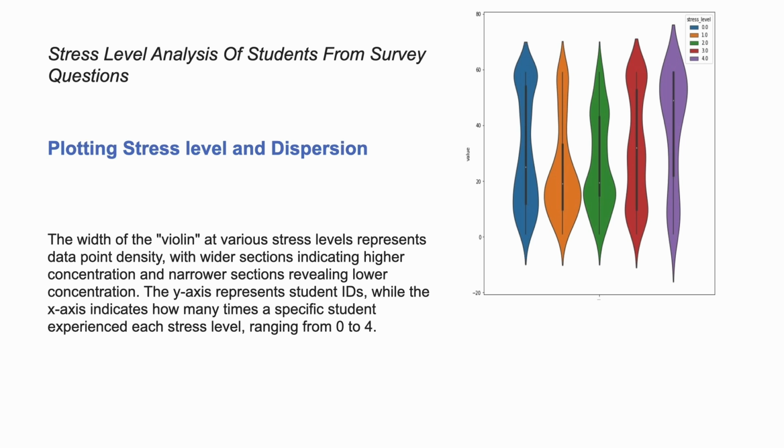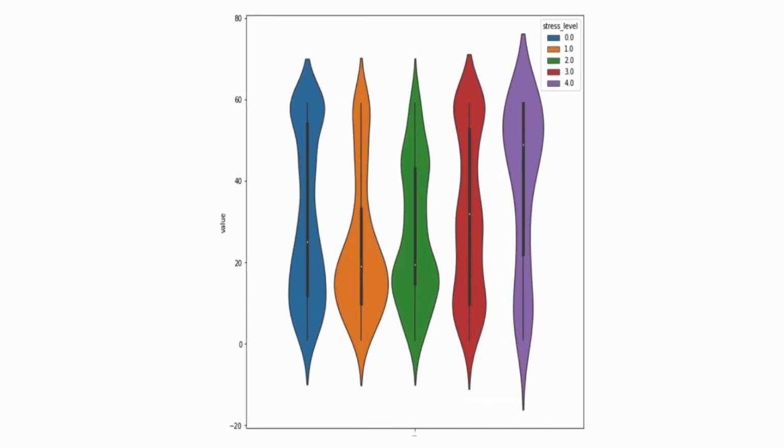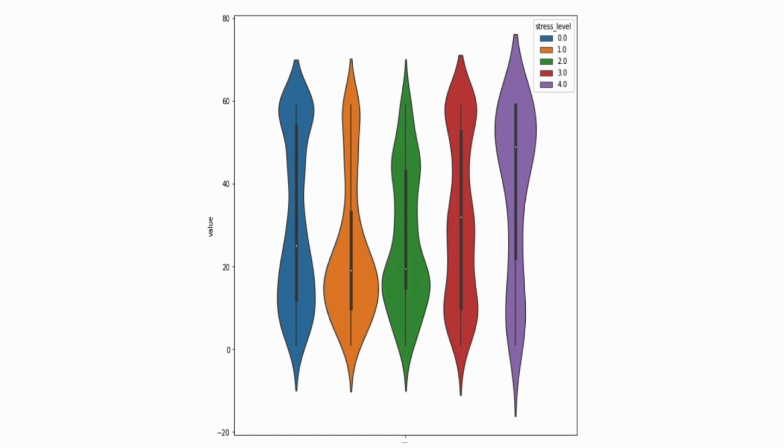The y-axis represents student IDs, while the x-axis indicates how many times a specific student experienced each stress level, ranging from 0 to 4. Let's take a closer look to understand it better.